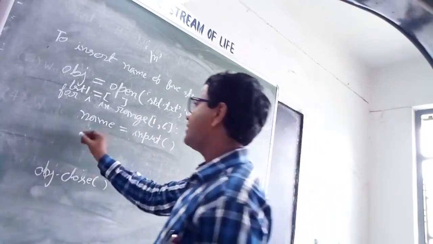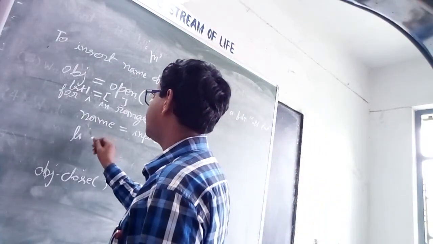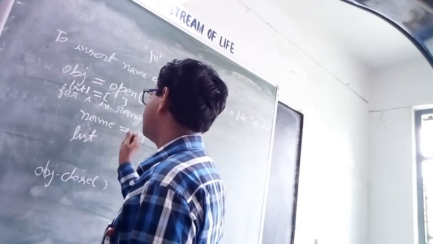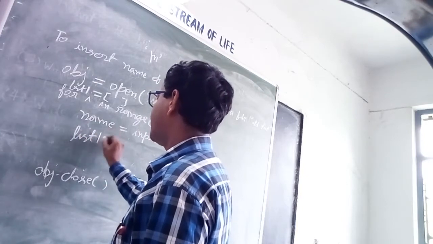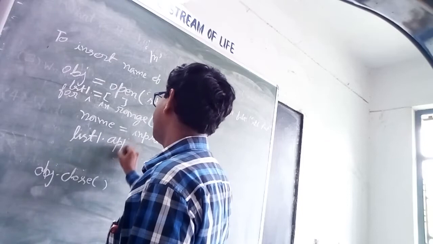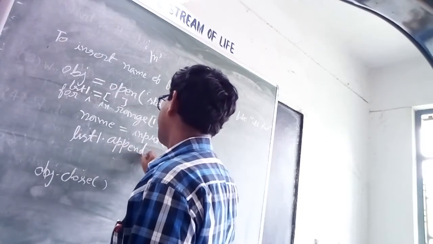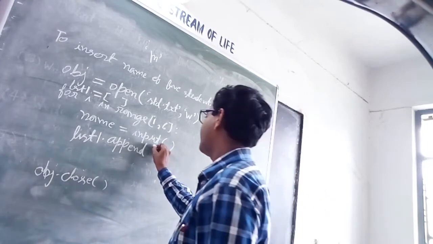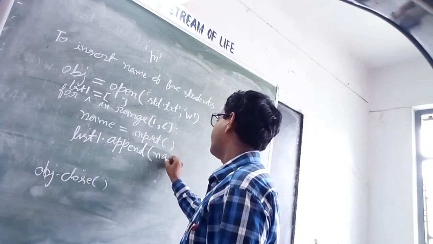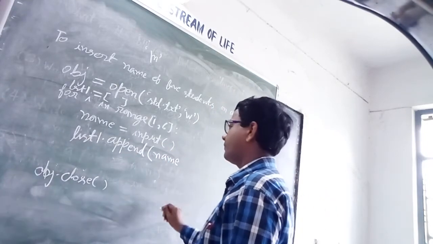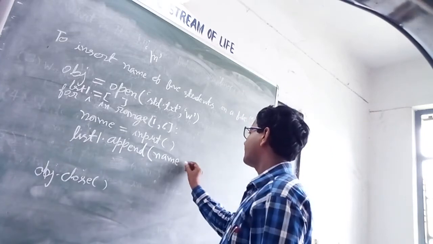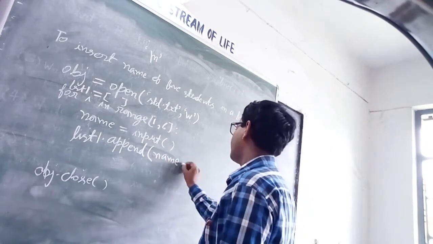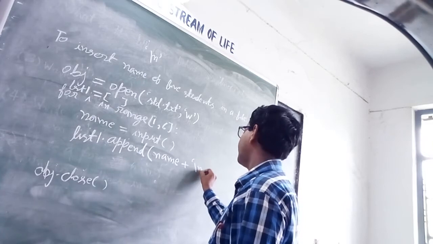Then list1.append(name + new line character).